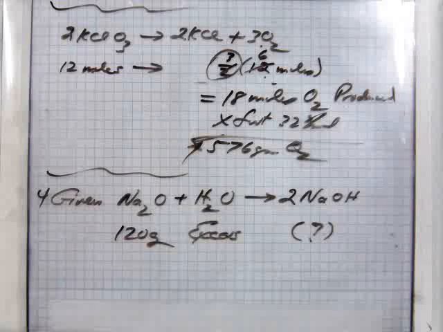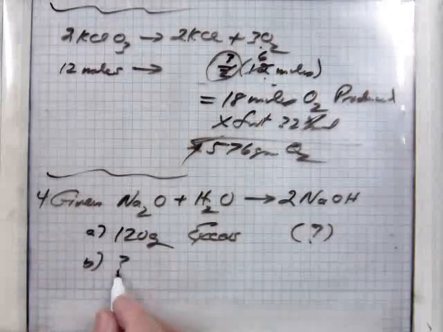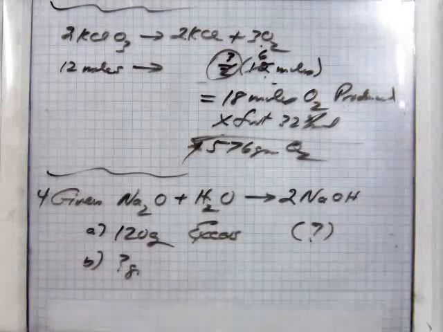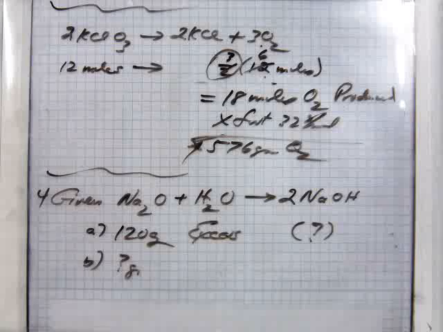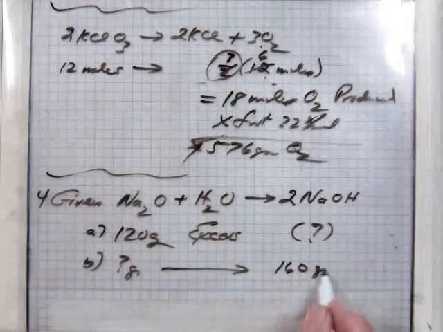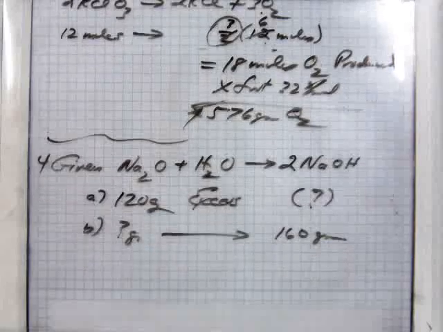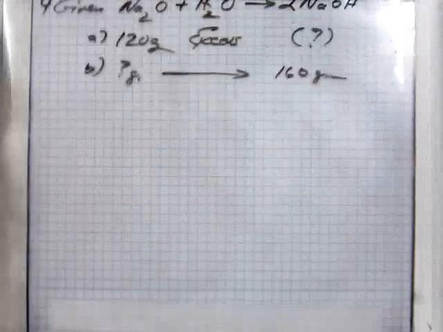How many grams of, okay, and then you've got problem A, and problem B is how many grams to produce 160 grams of sodium hydroxide. All right, let's take a look at that.